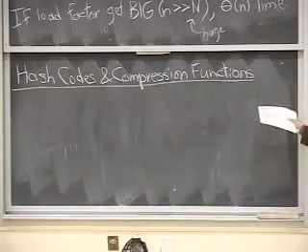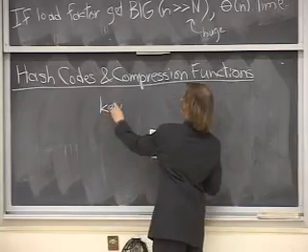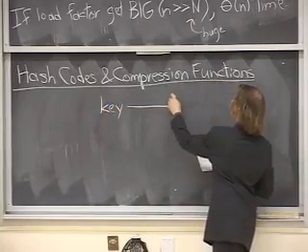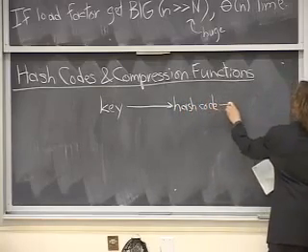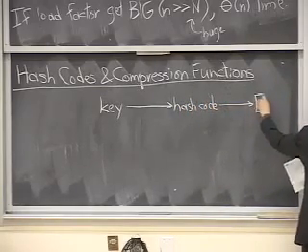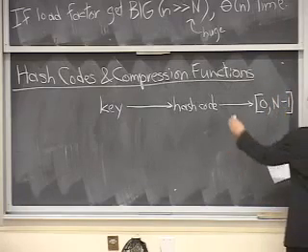You'll recall that the way this works is you have a key. It gets mapped to a hash code. And that gets mapped to a number between 0 and n minus 1 by the compression function.